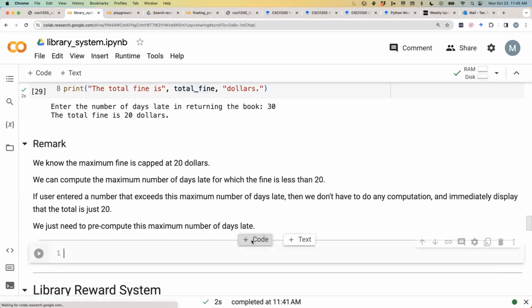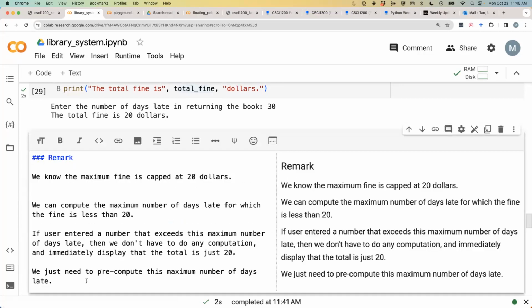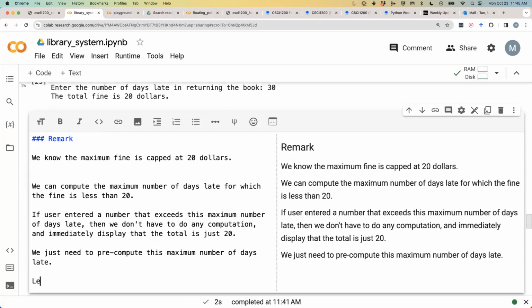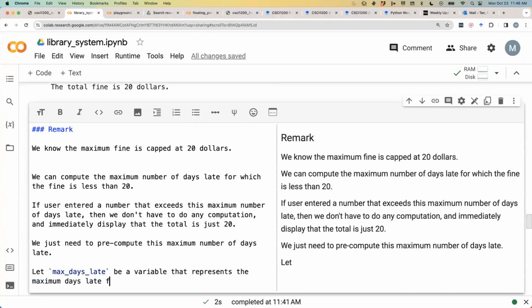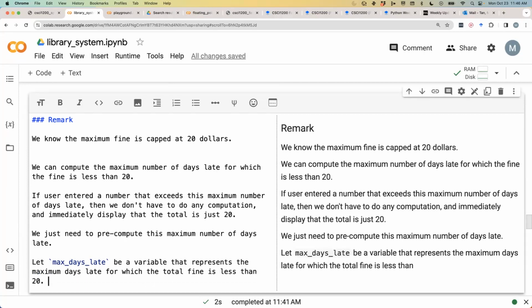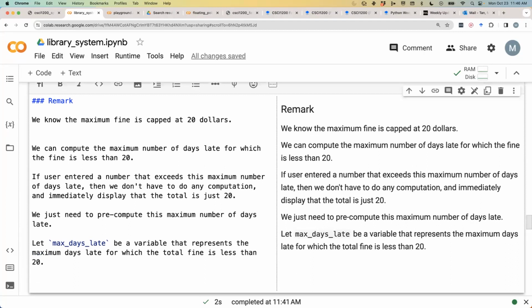So how do we pre-compute this number of days late? We can let maximum days late be a variable that represents the maximum days late for which the total fine is less than 20, and we want to compute this value.